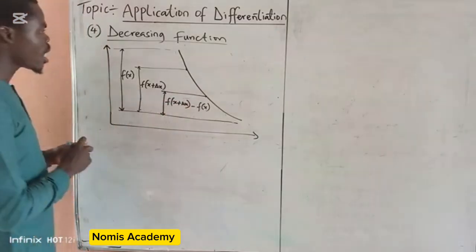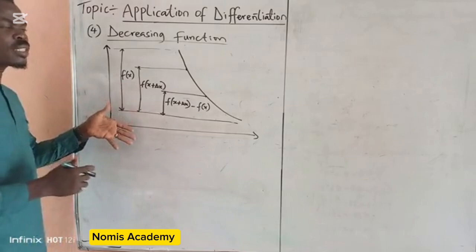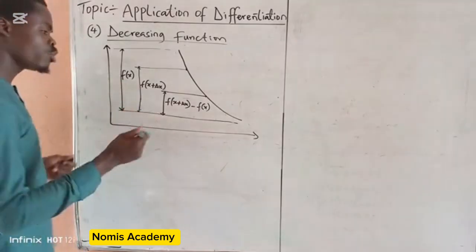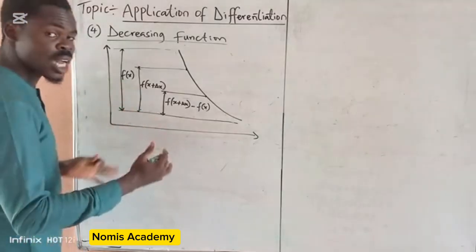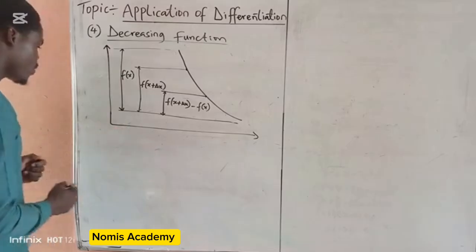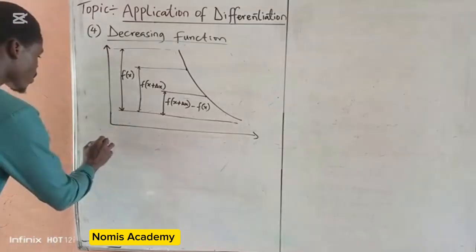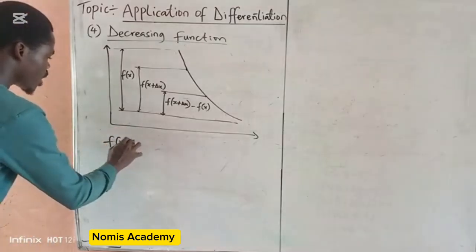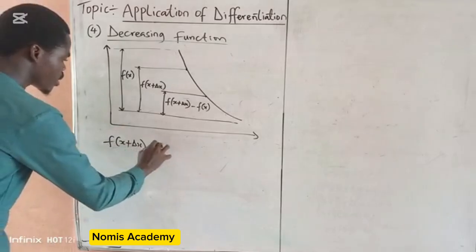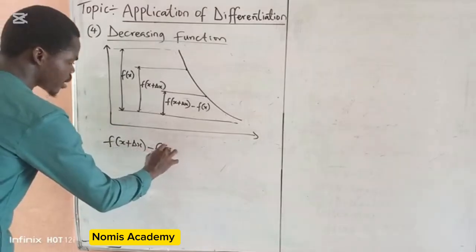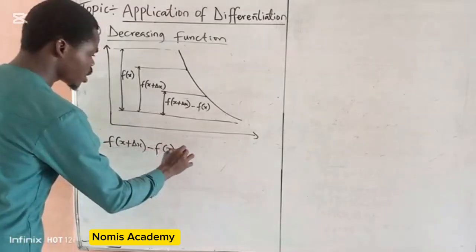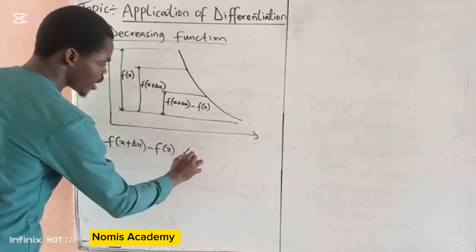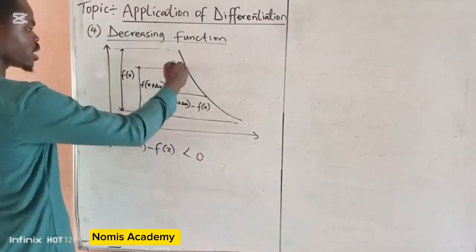Now, to explain a decreasing function, you remember the definition of the derivative, how to find the derivative of a function, where we have f of x plus delta x minus f of x. Since it's less than 0, the function is decreasing.